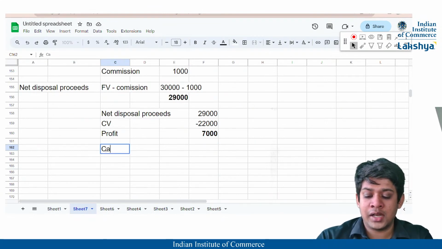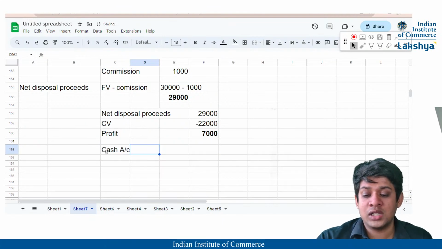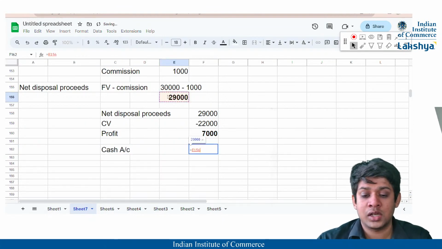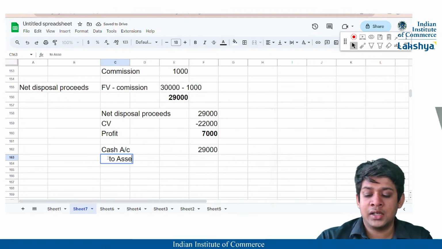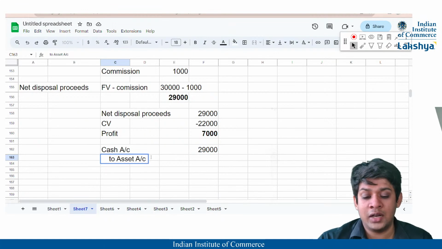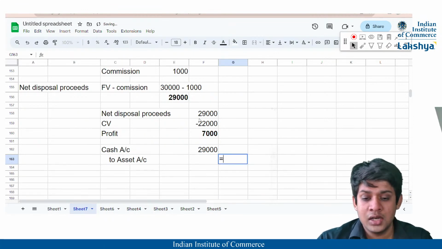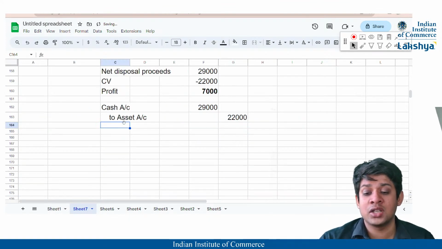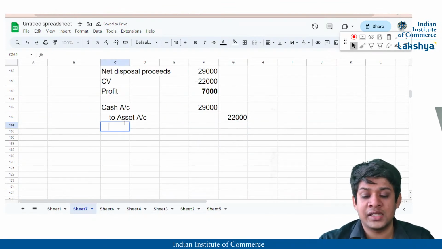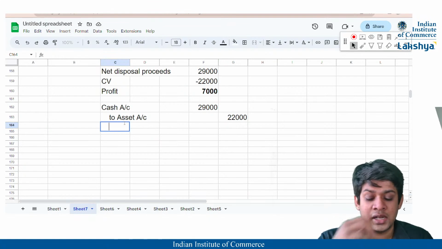The asset is going to be derecognized, correct? Cash account debit. What is the net cash that I've received? 29,000, because 1,000 I paid as a commission. My asset is derecognized, so it will be totally eliminated and will be on the credit side. Its carrying value was 22,000. It is eliminated from my financial statements because I sold it, so I'm derecognizing it.